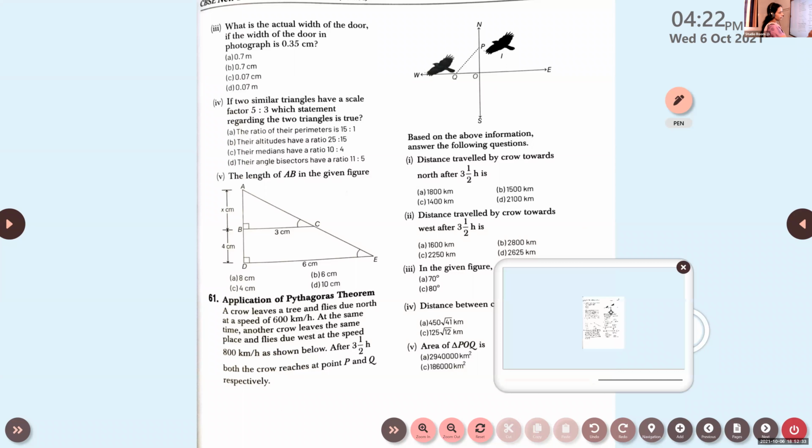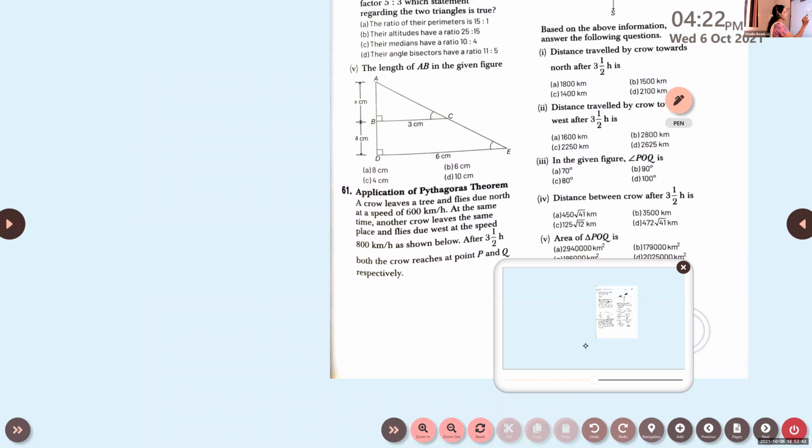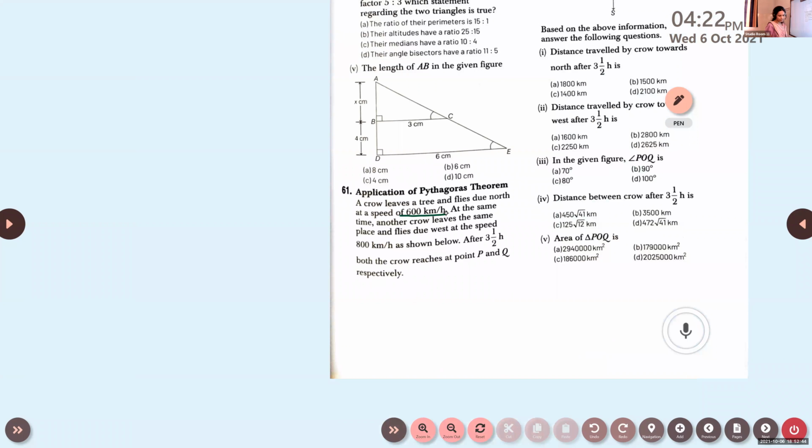So look at the figure. This is the figure given. Two crows are there. Note this down, children. The first one flies north with a speed of 600 kilometer per hour, and the second one flies west with a speed of 800 kilometer per hour.